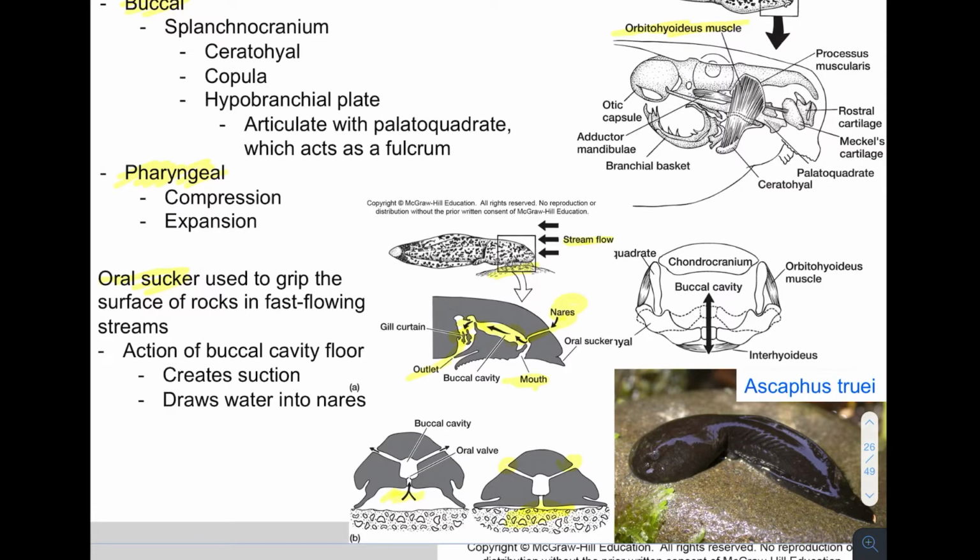And again, the musculature and the skeleton that is doing this for the frog, I don't want you to worry about the individual names of these bones and muscles, but just realize that it's a very specialized anatomy in order to be able to do this mechanism.